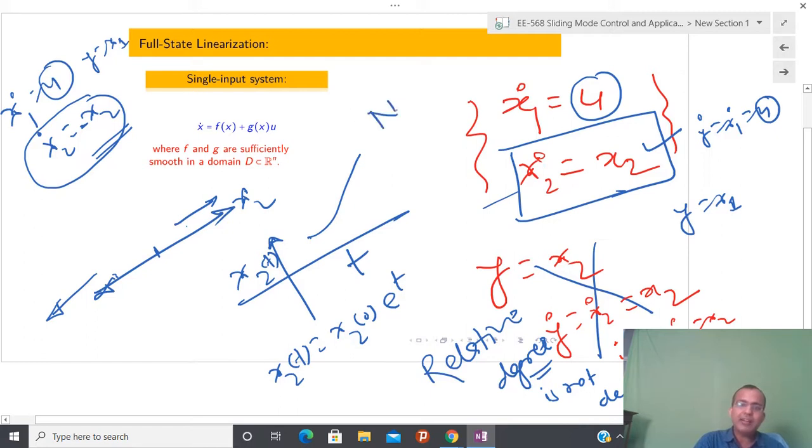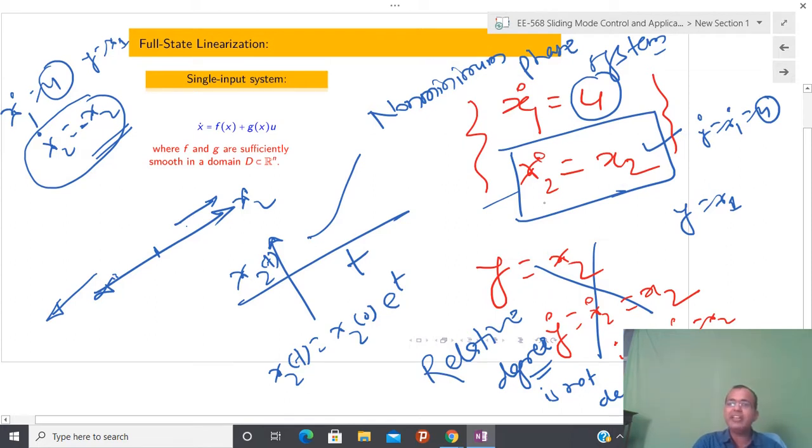So I have a non-minimum phase system, where the remaining states are not stable. Except the output, the output and its higher derivatives I can put equal to 0.